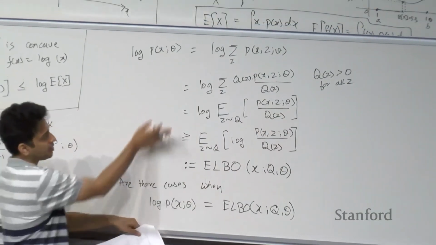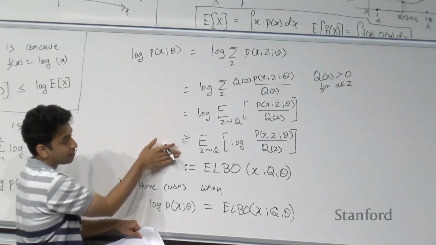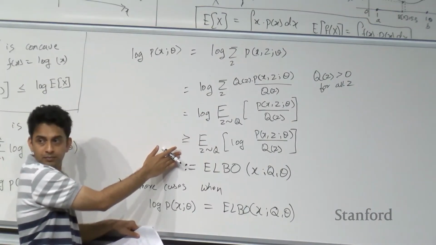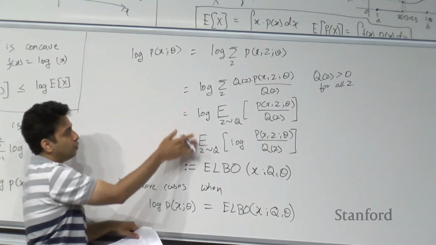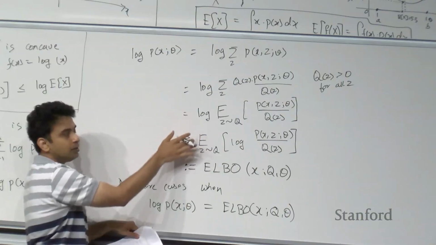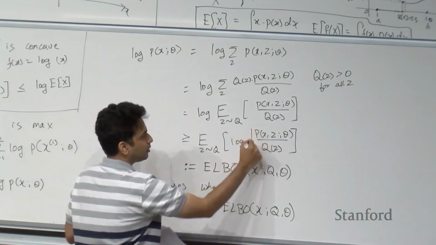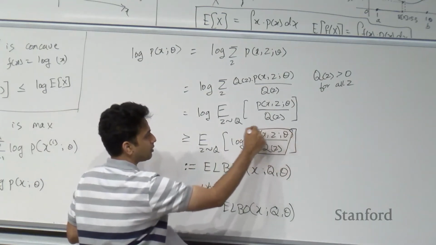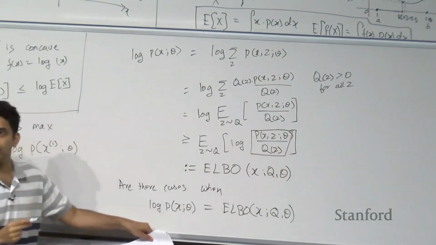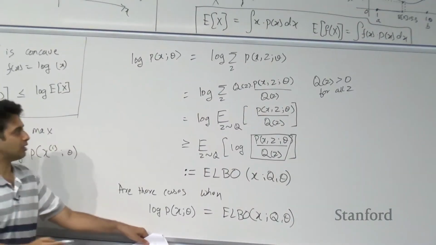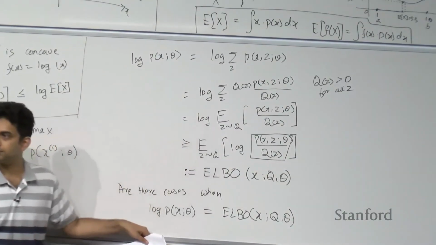So this is one side of Jensen's inequality, this is the other side. And the two will be equal if and only if the term inside is a constant. That's what Jensen's inequality told us, because log is strictly concave.